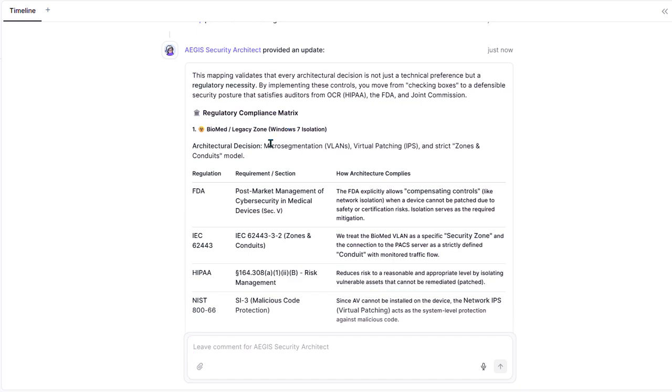Now, these are the regulation matrices that he has produced. Biomed Legacy Zone, Windows 7, that's the first. We have the FDA, the IEC, the HIPAA, and the NIST 800-66. That gives us the mapping and how the architecture complies with the requirements that we need to implement at each of the stages.